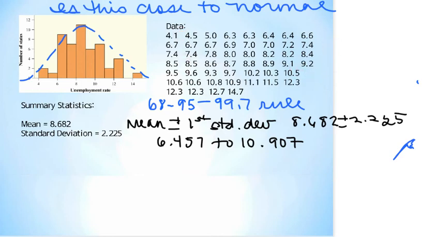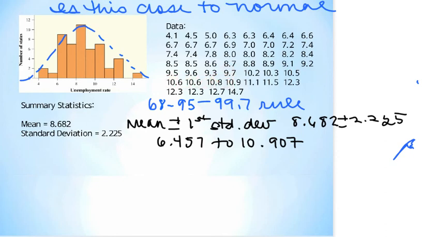All right, well, how many of these numbers up here fall in that range, between 6.457 and 10.907? Well, 6.457 is going to start here, and it's going to go all the way down here. So quite a few.